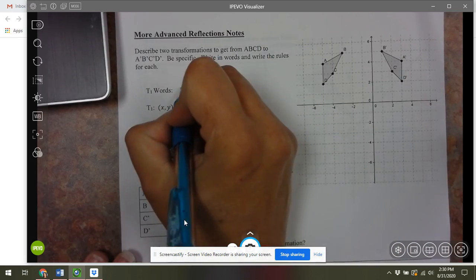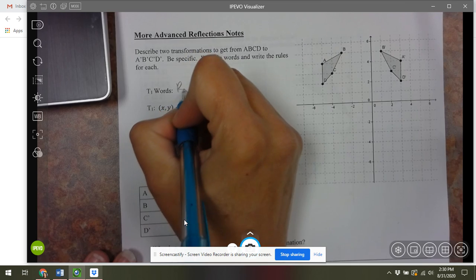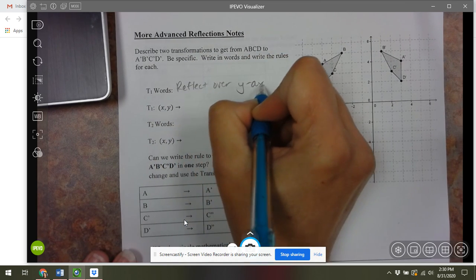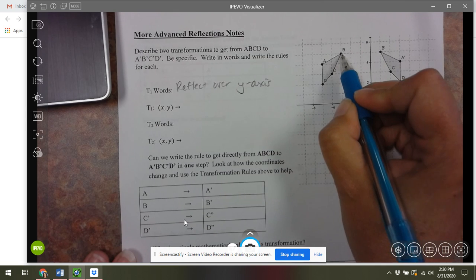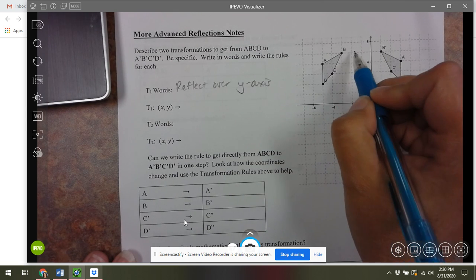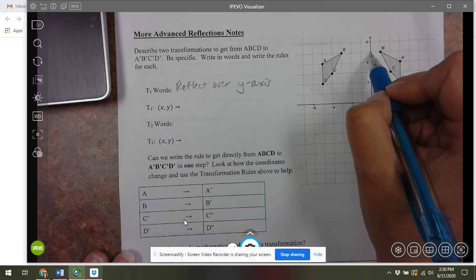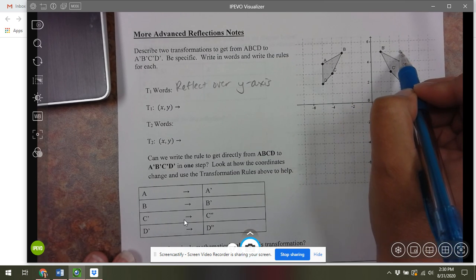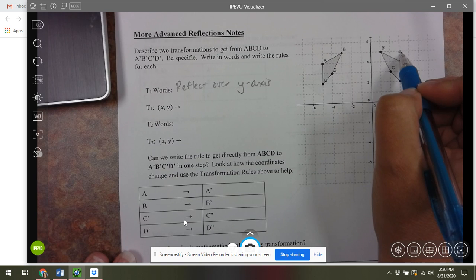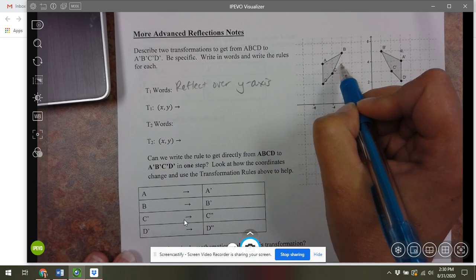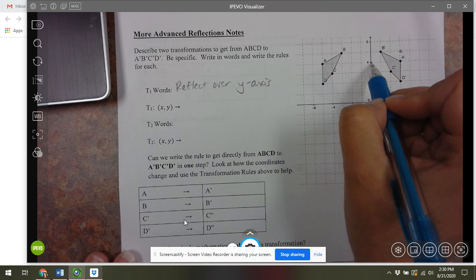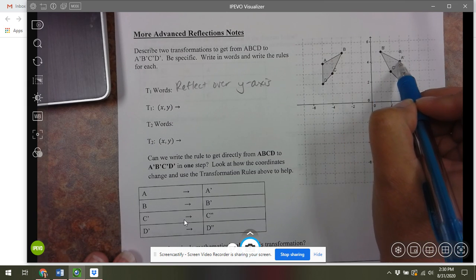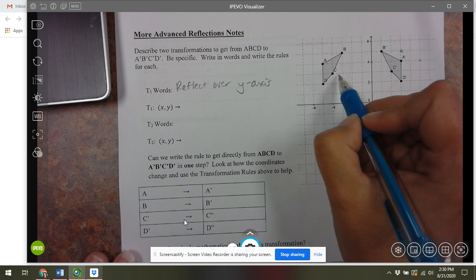So the first translation is reflect over the y-axis. If I took this and reflected it over the y-axis, I am 1, 2, 3 away from the y-axis, so I'd have to go 1, 2, 3 away, and I would be here. A is 1, 2, 3, 4, 5, so I would have to go 1, 2, 3, 4, 5.